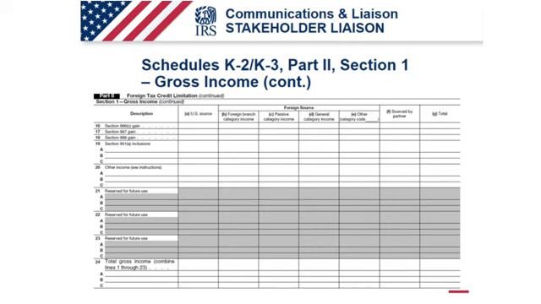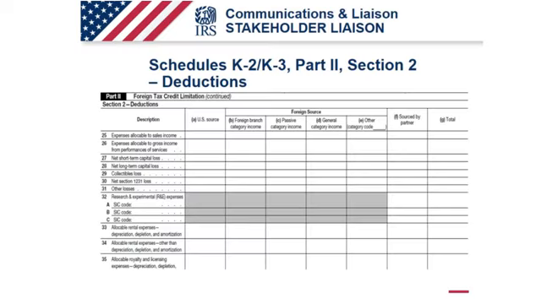The detailed information in Part 2, Section 1 is essential to completion of the Form 1116. While the prior discussion has focused on the Form 1065 Schedule K-3, note that Part 2, Section 1 looks the same for the Form 1120S and Form 8865 Schedule K-3.